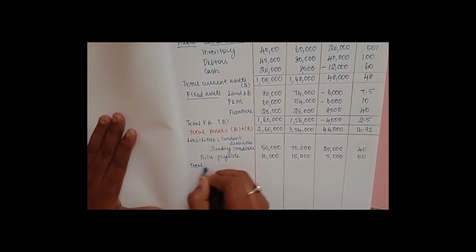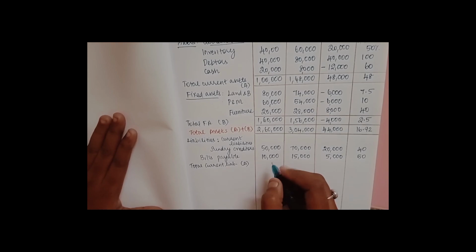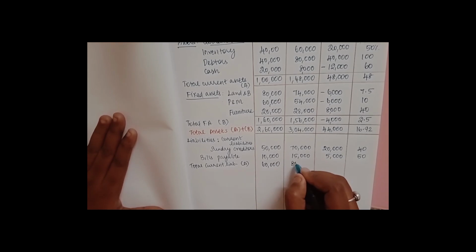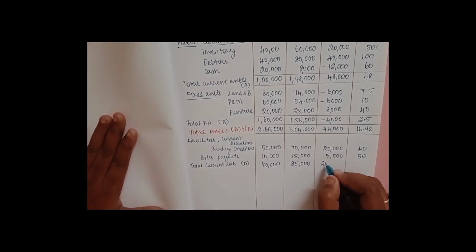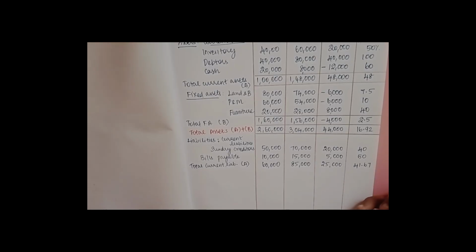Total current liabilities, let's keep this as A. So 60,000, it is 85,000. So it has increased by 25,000. So the percentage would be 41.67.